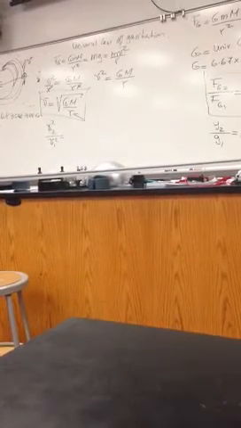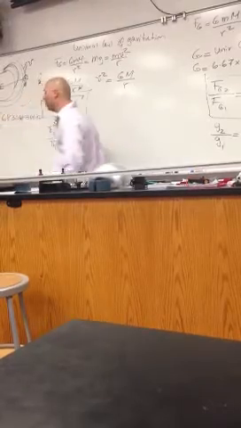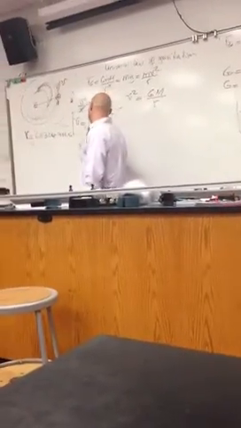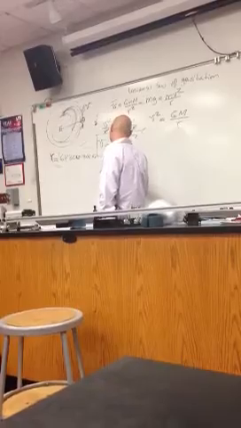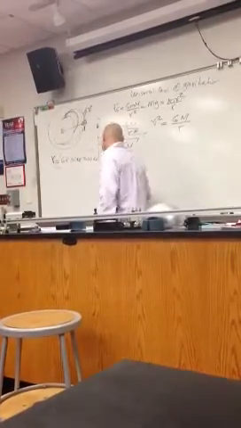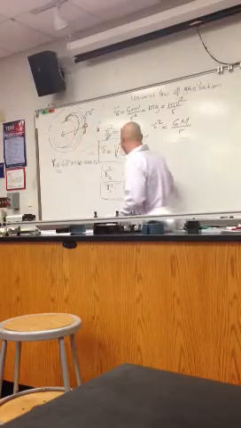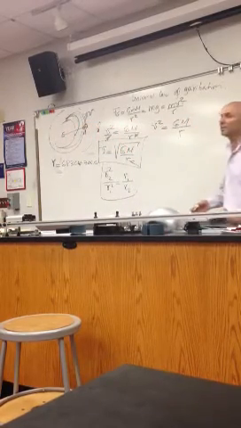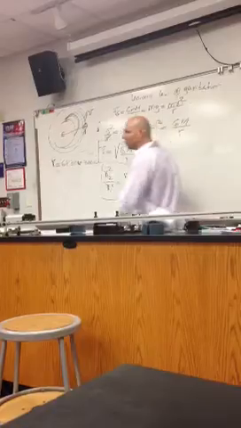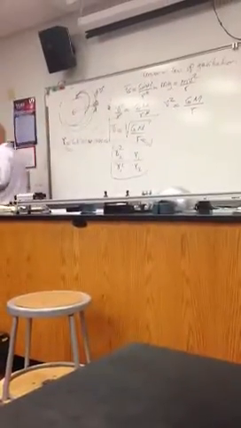So I can say that the ratio of the velocities squared, v2 squared over v1 squared, will be equal to r1 over r2. This is how to get the relationship between two different velocities at two different locations.